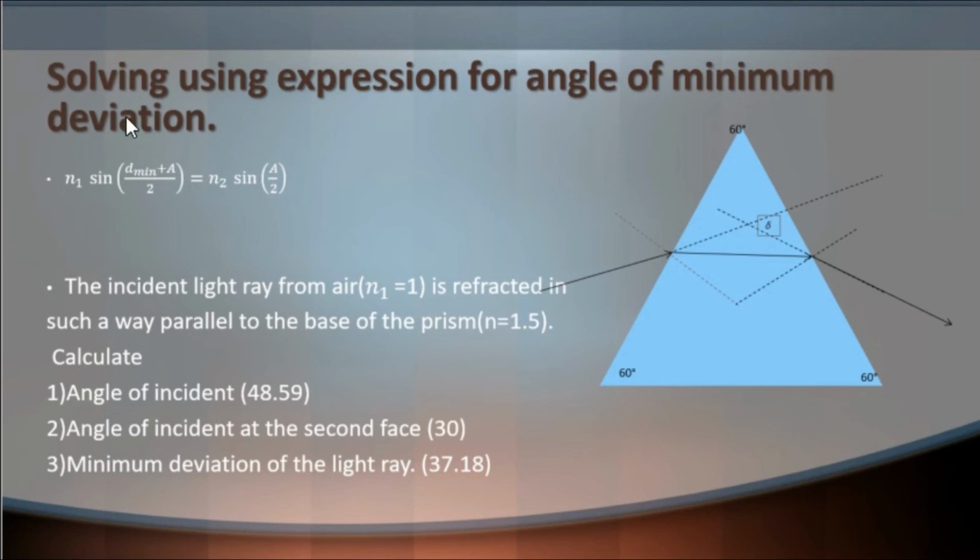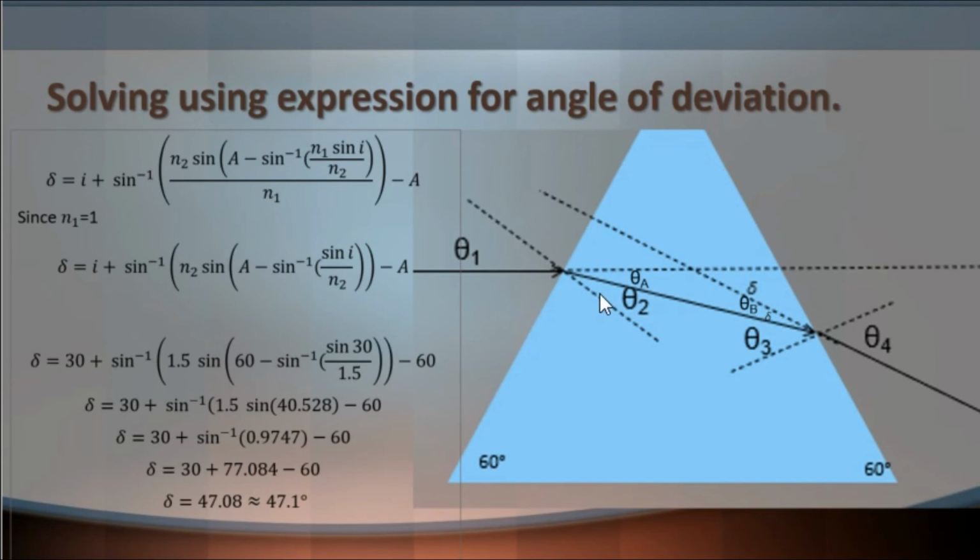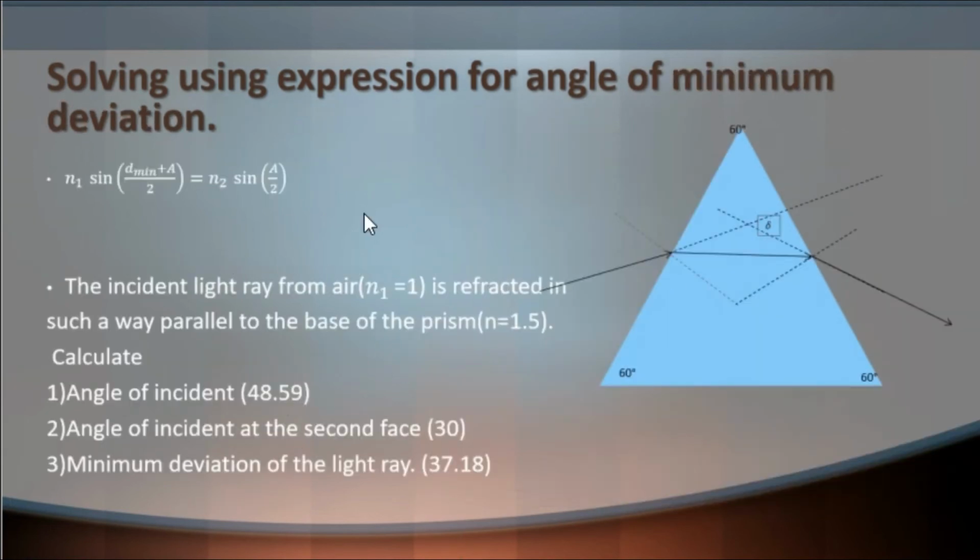So there's a condition for us to use this formula, because this is for finding the angle of minimum deviation, not the angle of deviation. We can only get the angle of minimum deviation when the angle of incidence is equal to the angle of emergence only. So this is the condition, as I said.